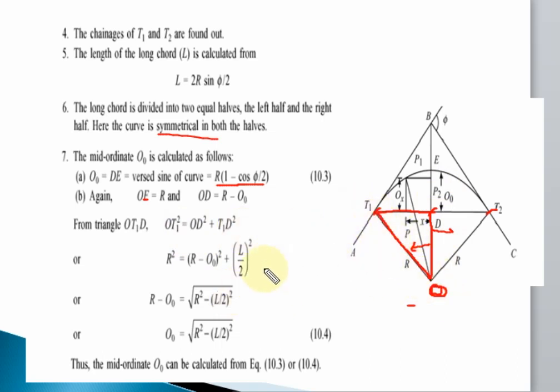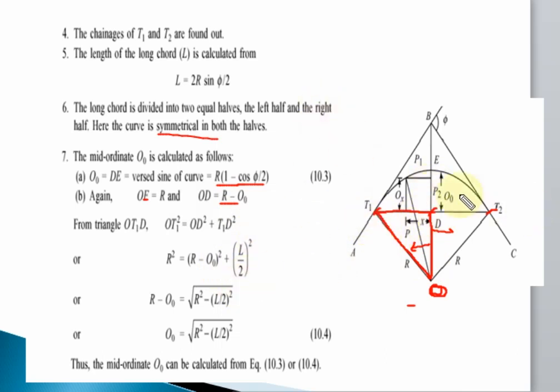OT1 is equal to R, and OD is R minus the mid ordinate O0, bracket squared, plus T1D squared.